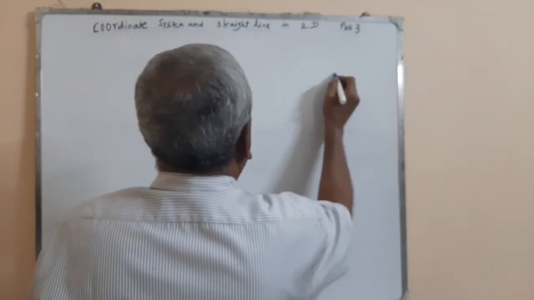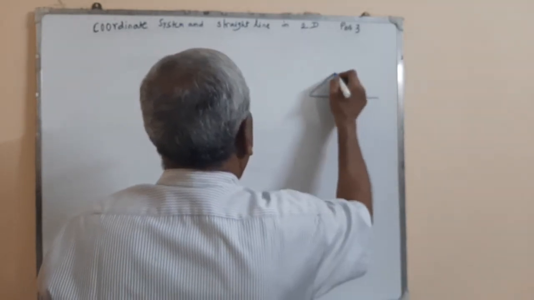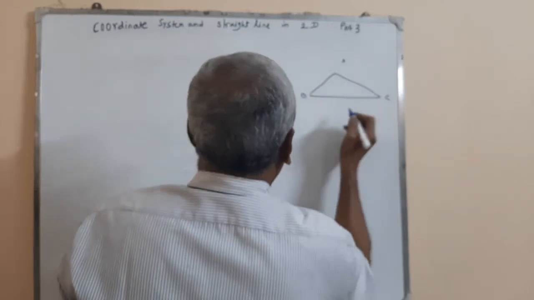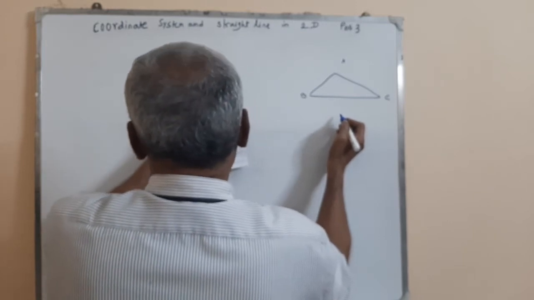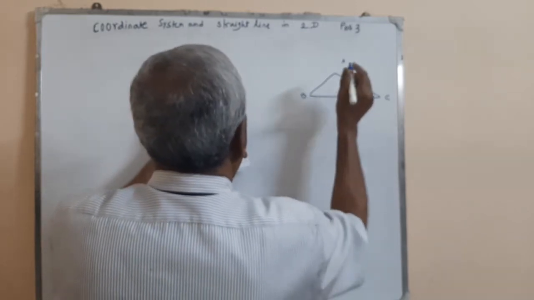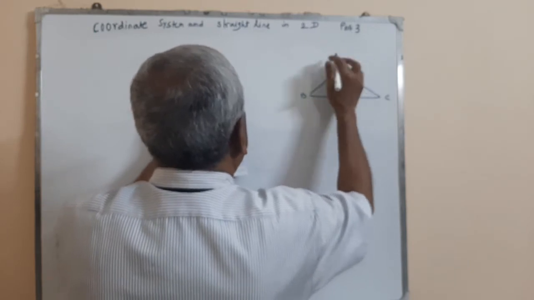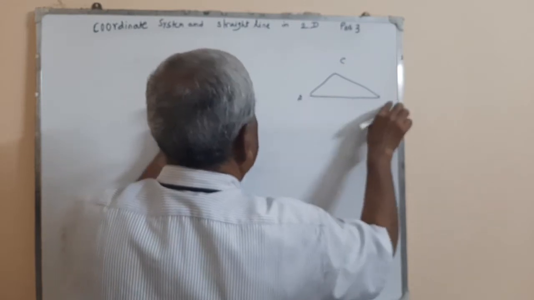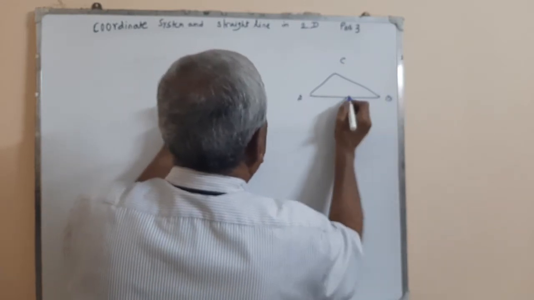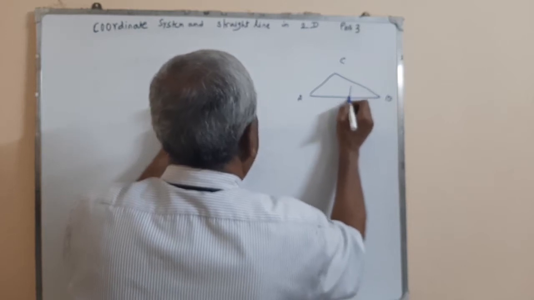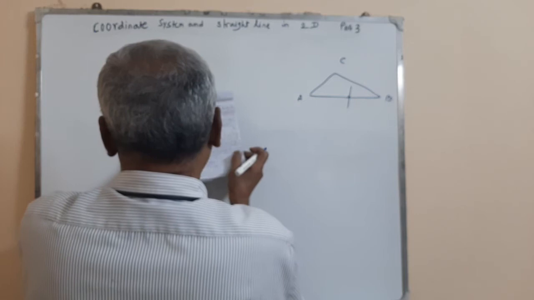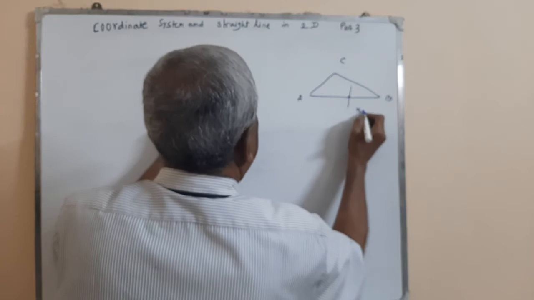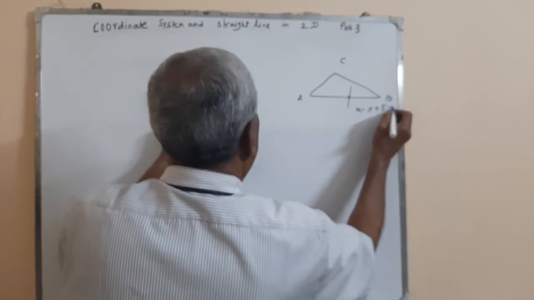Let this be C, this is A, this is B. Perpendicular bisector of AB is this straight line. So given that perpendicular bisector of AB is x minus y plus 5 is equal to 0.